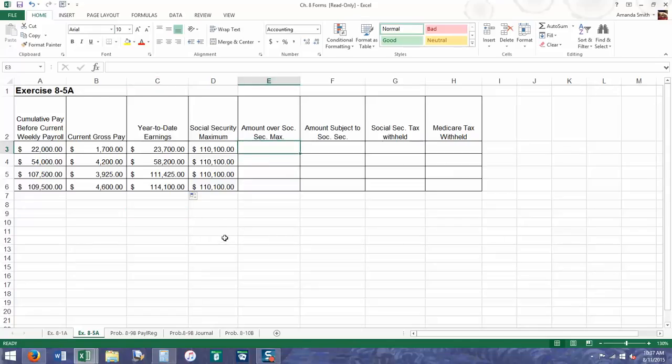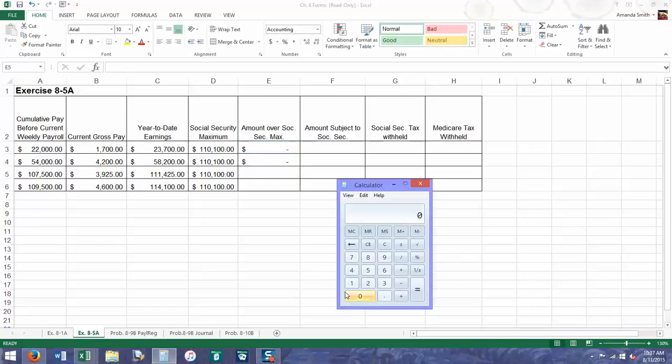So here we're looking for how much of their year-to-date earnings and their current gross pay is over the Social Security max of $110,100. The first two people are not over the maximum, so those are going to be 0. For the last two, we're going to have to take the year-to-date earnings, subtract the maximum, and so we find out that $1,325 of their current gross pay is over the max, so that amount is not taxable.